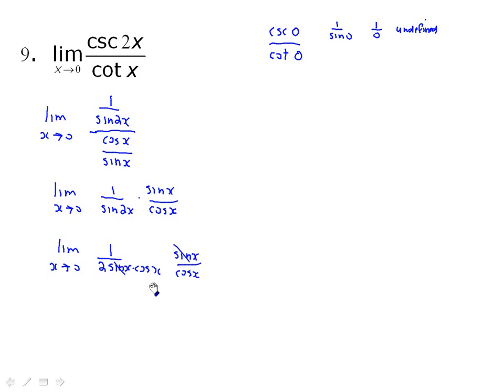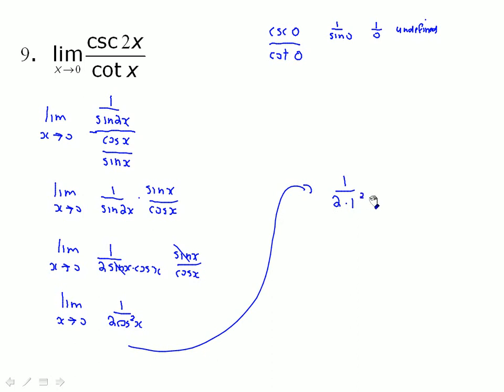And then as we first write it out, we have 1 over 2 cos squared x. We're okay because when we replace x with 0, we get 1 over 2 times 1 squared because the cos of 0 is equal to 1. So this is equal to 1 over 2.